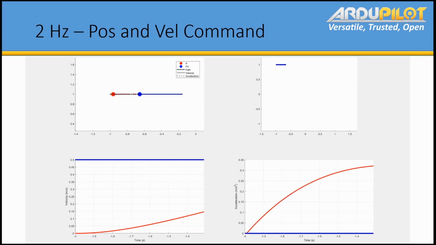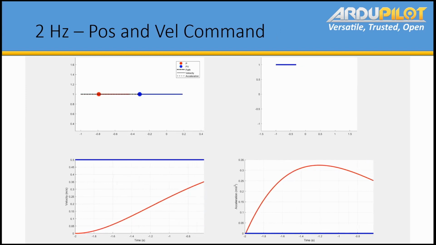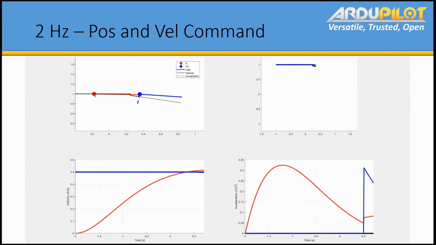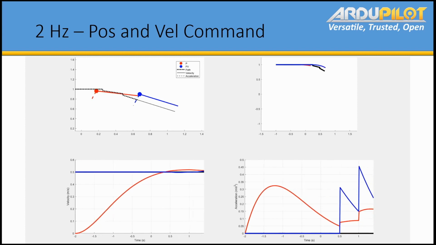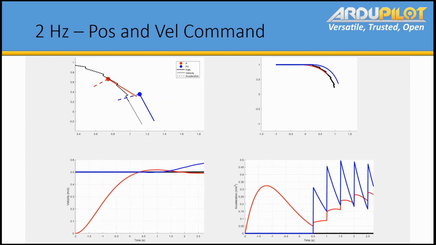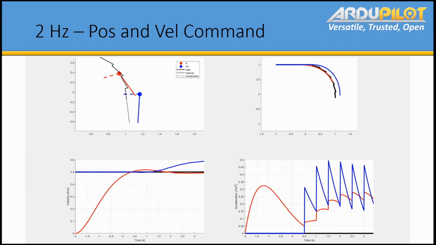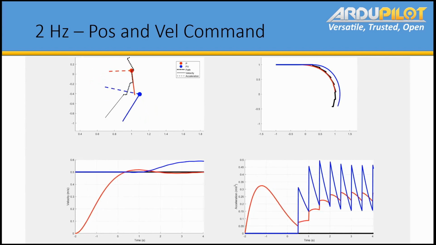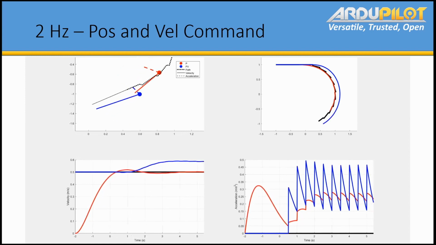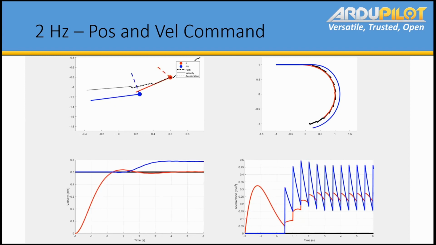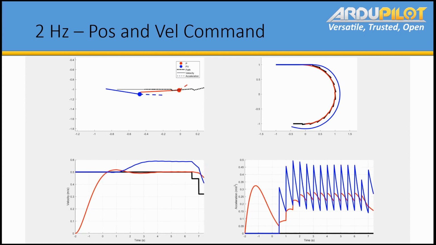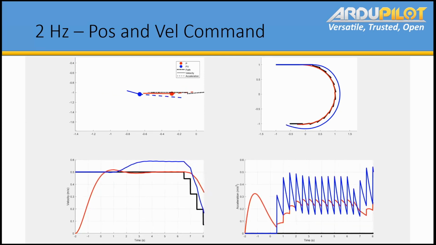So now, if you do a position and a velocity command, you can see it's all smooth for the constant velocity section, but once we start going around that corner is where we start seeing those discontinuities come in. So as long as the corner is not too sharp, those discontinuities won't be too sharp. Okay. And again, when we get to that stopping distance, to that stop, we'll get another discontinuity on the stop.